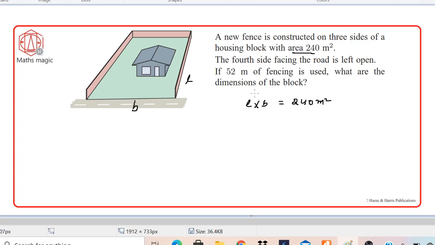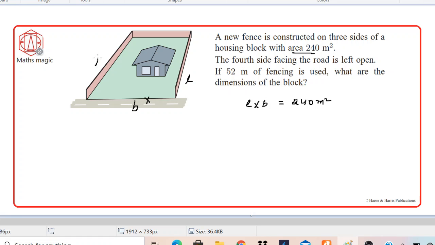Now we have the second piece of information, which says 52 meters of fencing is used. We are fencing 3 sides; this side is not included.